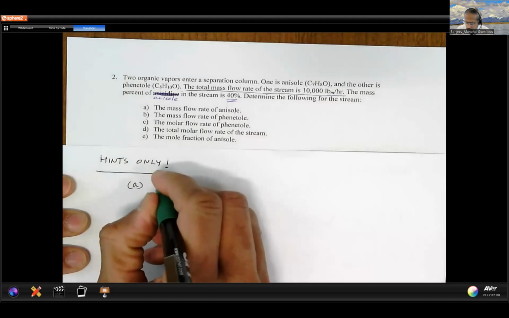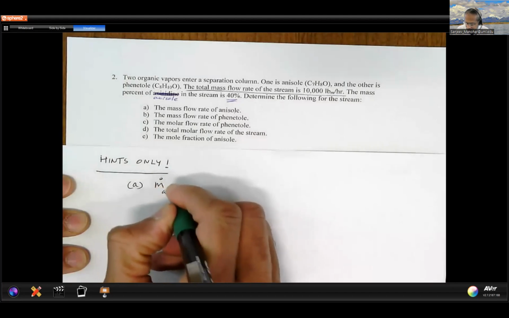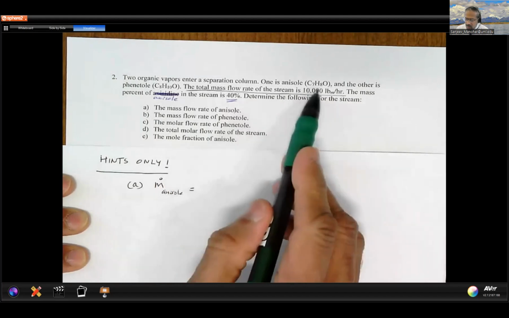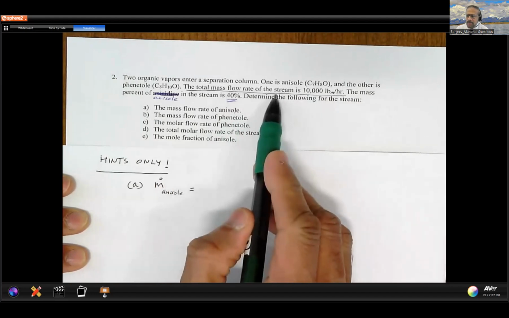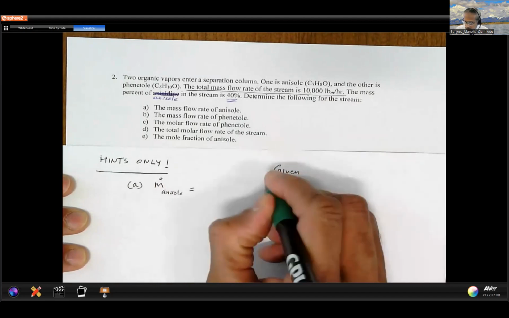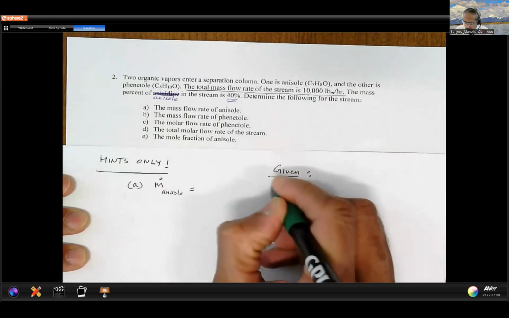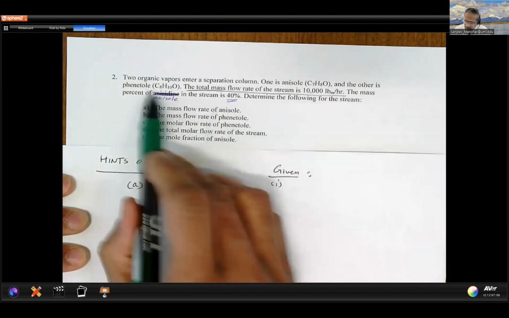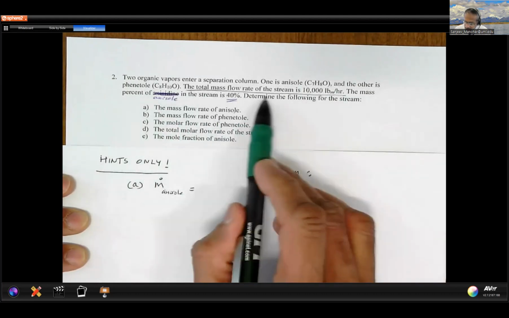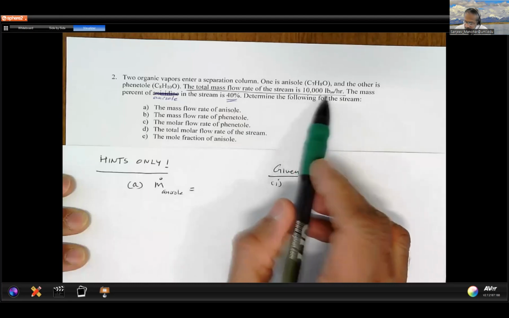Can you calculate this from what's given? Let's see what's given. The total mass flow rate of the stream is 10,000 pound mass per hour. So the total flow rate will be m-dot total, with a dot on the head there. Is it 10,000 liters per hour, correct? No, pound mass. Liters would make it a volumetric flow rate.